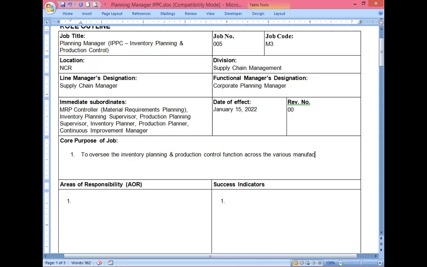But when you're talking about a large, diverse business, then I regard the job description's responsibility as being for bigger organizations, bigger companies. Okay, so that's why I say manufacturing plants.